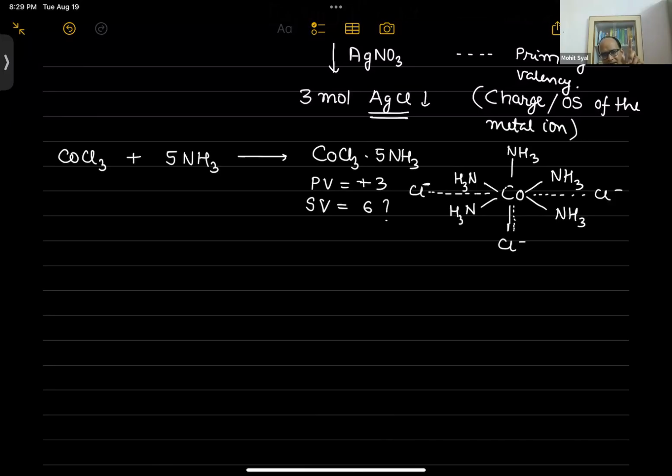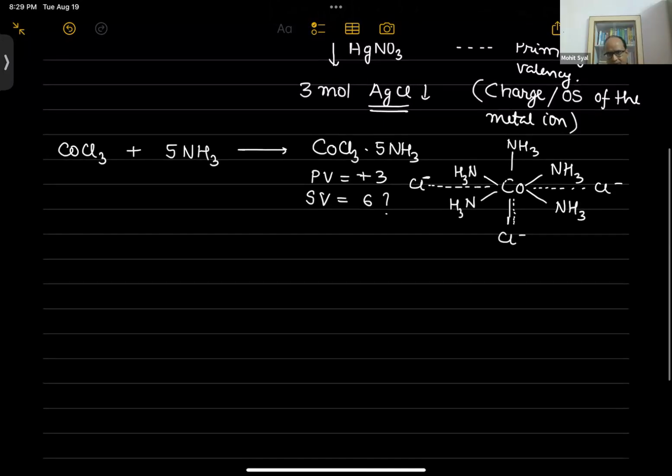And one of the Cl minus is making a covalent bond also. So it is fulfilling 2 purposes. Because it is negative, it is going to neutralize the charge of the cobalt; one +1 charge is neutralized by 1 Cl minus, and it is linked in a different way. It is linked through the covalent bond also.